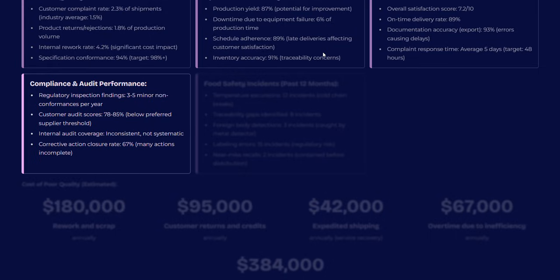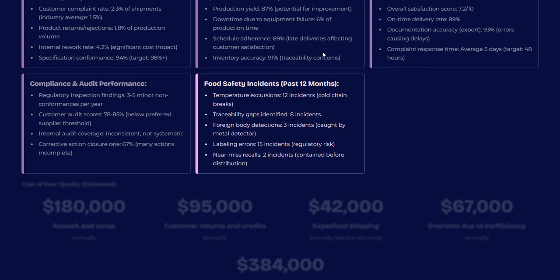Internal audit coverage right now is inconsistent and not systematic. And the corrective action closure rate is at 67%. Many actions are incomplete.